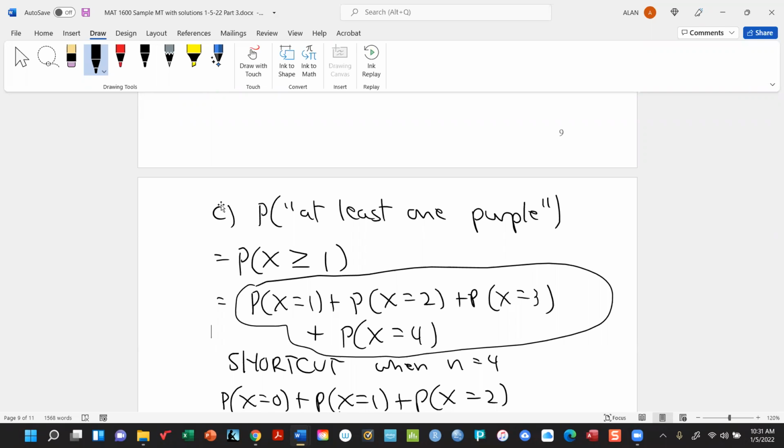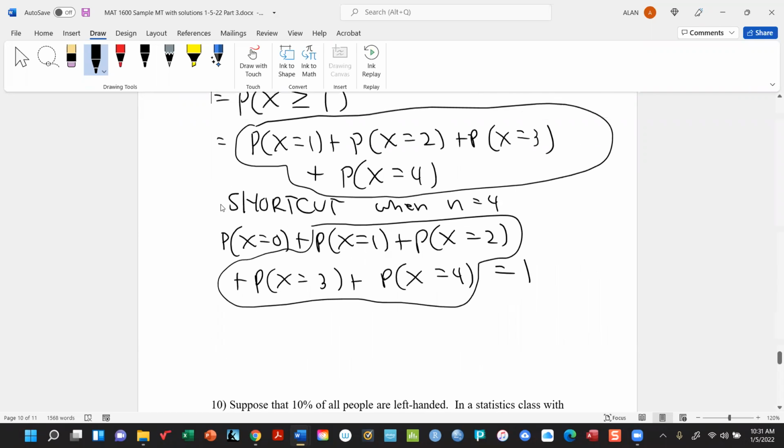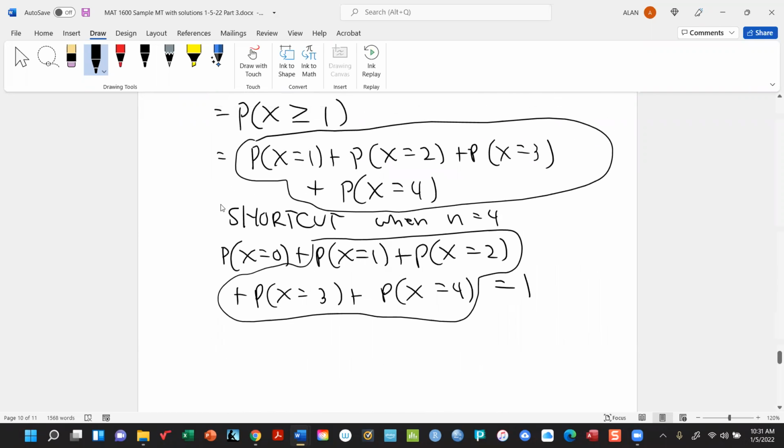So therefore, if you notice, all of these match up with greater than or equal to 1. So this expression can be rewritten as the probability that x equals 0 plus the probability that x is greater than or equal to 1 is 1.